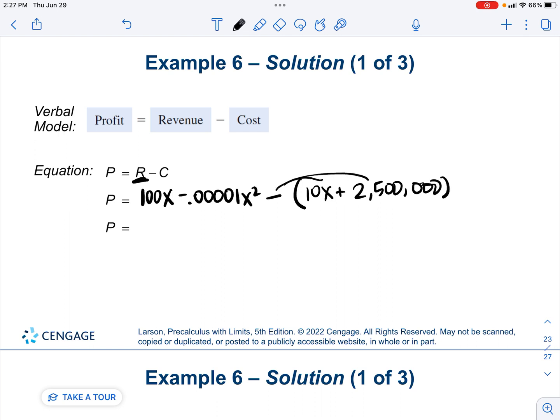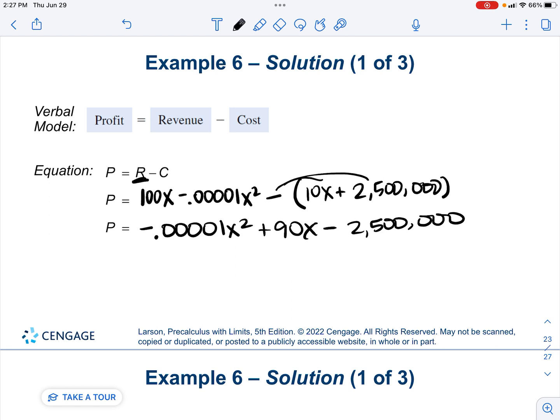If I distribute that and combine like terms, I will end up with, let's see, I'll write my x squared term first. Then if I combine my x terms, I'd have plus 90x minus 2.5 million. So this is my profit equation.